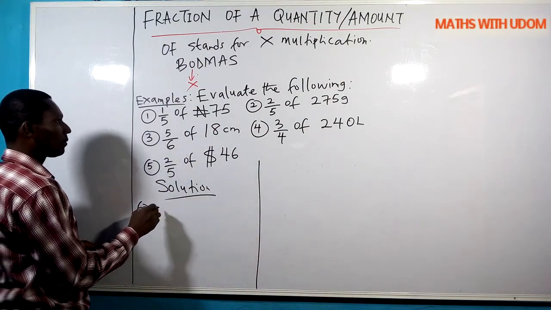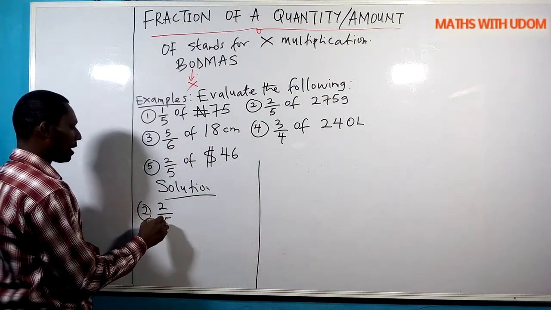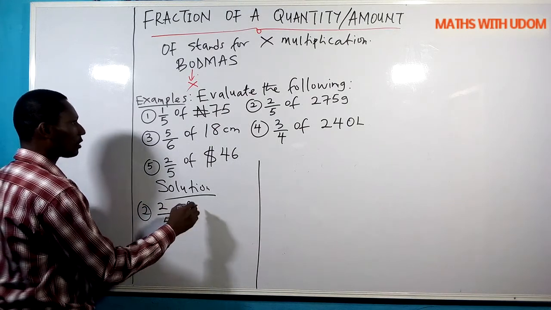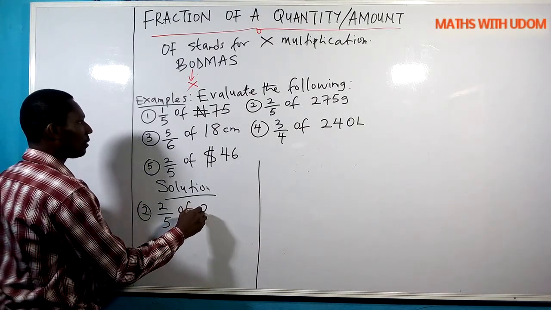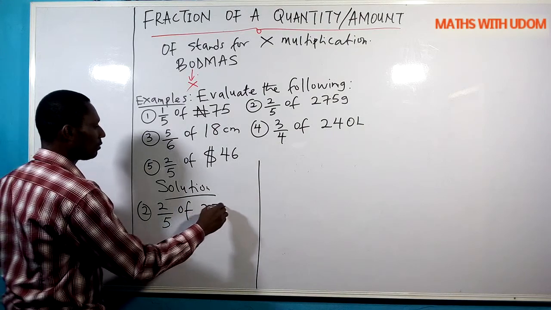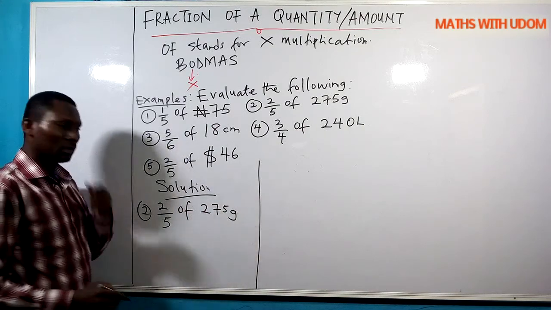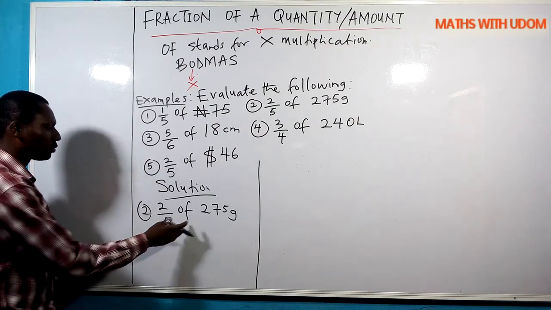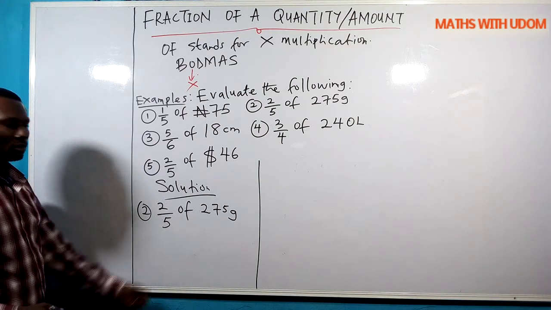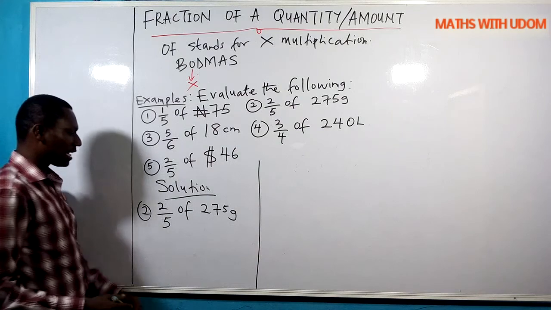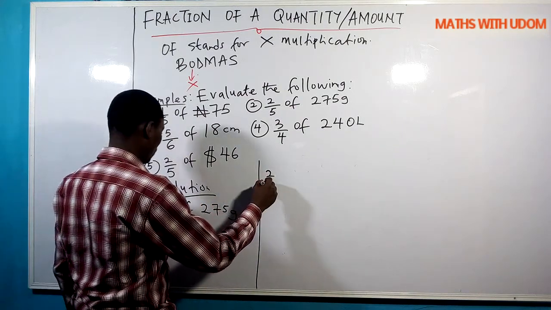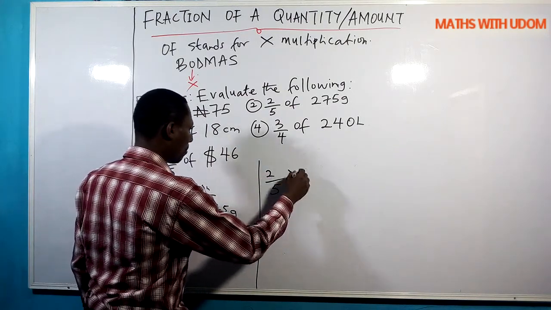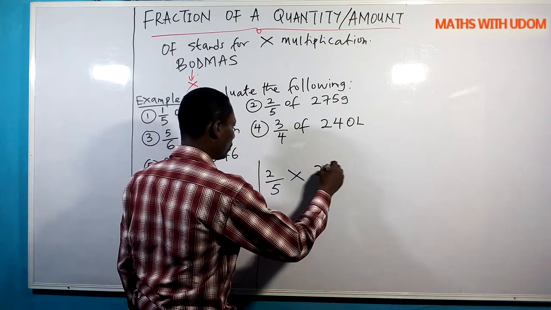Number 2, we have 2 divided by 5 of what? 275 gram. How do we solve this? All you need to do is to change this "of" to what? Multiplication.